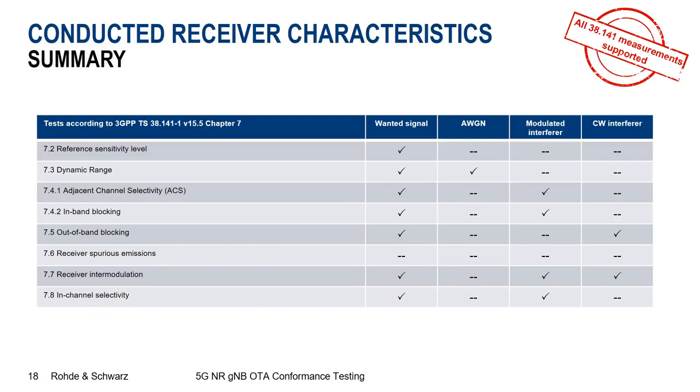And the normal way is that for receiver characteristics, the base station calculates the throughput on a wanted signal, and either the level of the wanted signal is reduced and a certain minimum throughput needs to be achieved, or for other test cases, an additional interferer like AWGN or a modulated interferer, or also out-of-band blocking signals with very high output power level are applied, and a certain minimum throughput needs to be achieved in order to pass a requirement.